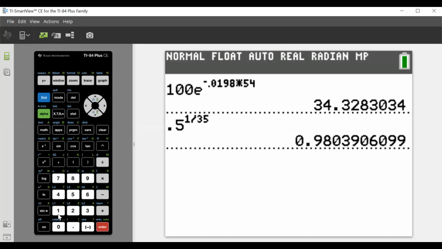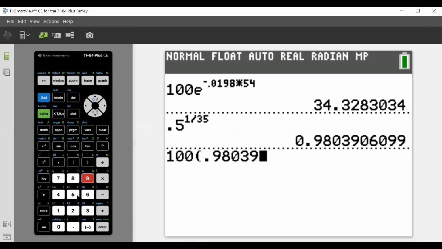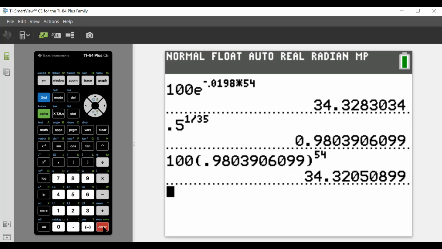So we're going to have 100 times our B, which was 0.9804. Now, if we put all these decimal places in, we'd probably be closer. So maybe let's just do some more decimal places: 0.9804 to the 54. And we get 34.32.